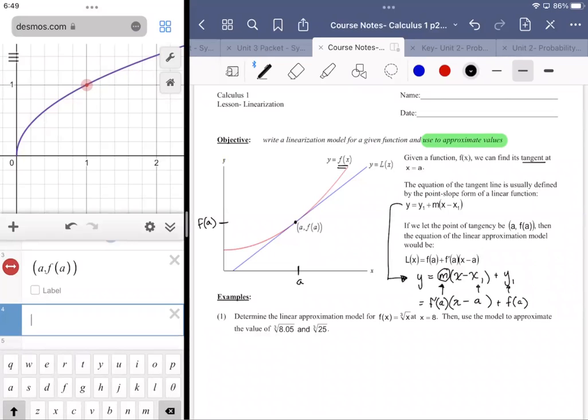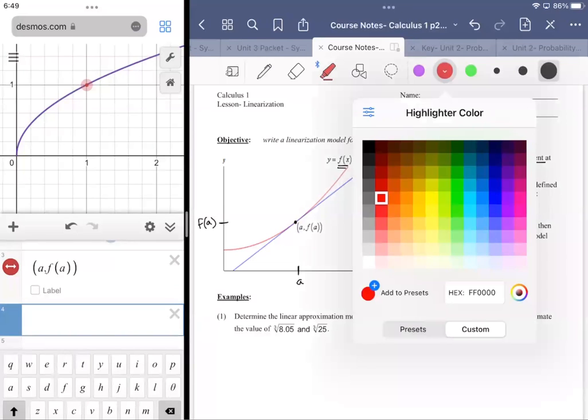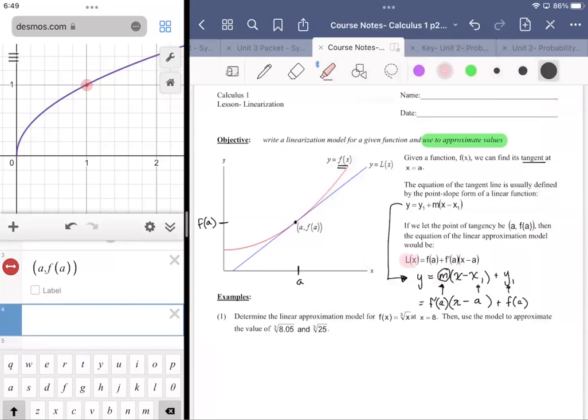So instead of saying y equals, they tend to say let it be L of x, just because L stands for linearization, the linearization model. But it could be y equals mx plus b, it could be y equals ax squared plus bx plus c. But once you start giving it a particular definition or meaning, you tend to port over the notation for that.